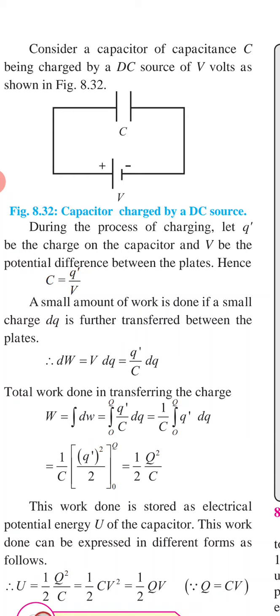Work done is equal to the integral of dW from 0 to Q, that is the integral of Q dash dq upon C. 1 upon C is constant, so take it out of the integration, and the integral of Q dash dq is Q dash square by 2. Putting limits 0 to Q, it will be half of Q square upon C.